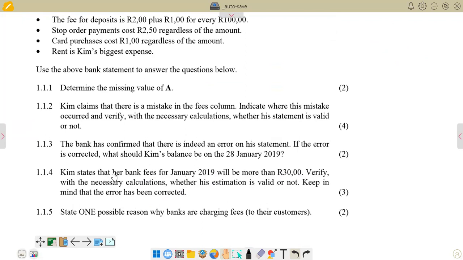So the question is asking us to verify whether the bank fees for January 2019 are going to be more than 30 rand. So basically, we're just going to add the bank fees after we've made the correction of that excess 3 rand. So we go there to see how we are going to calculate it.